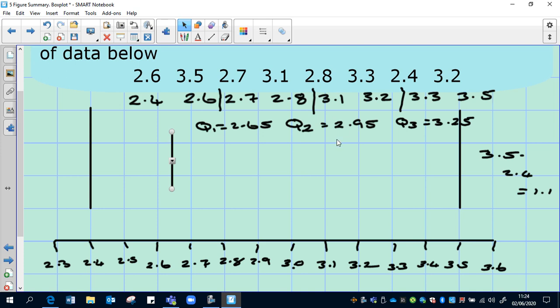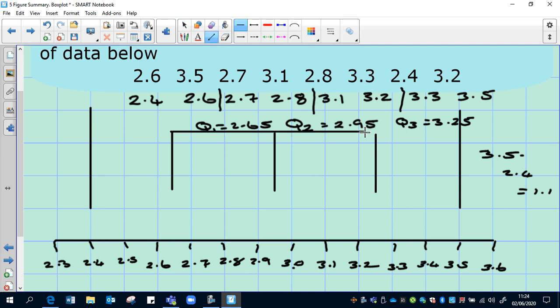And then Q2 is 2.95, so right in between 2.9 and 3.0. And then 3.25, which is right in between 3.2 and 3.3. And then we put in our final lines to make it actually look like a box plot. And then there we go.